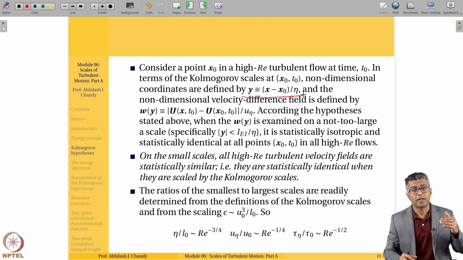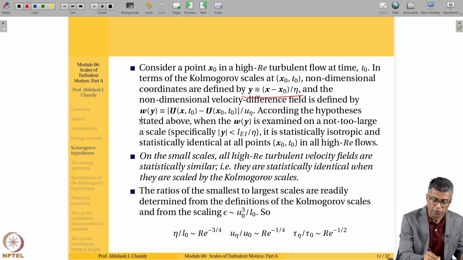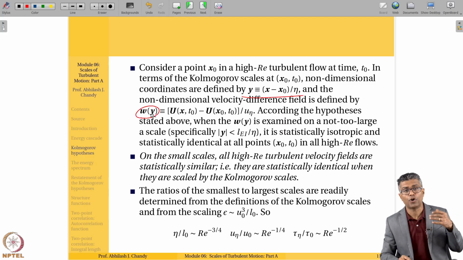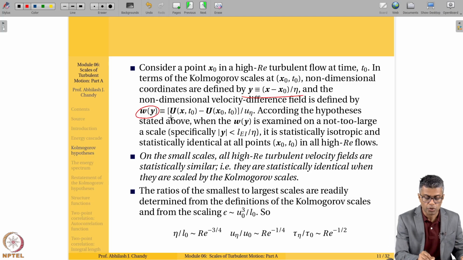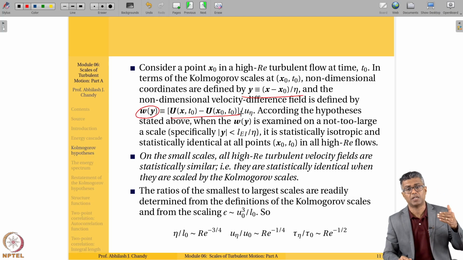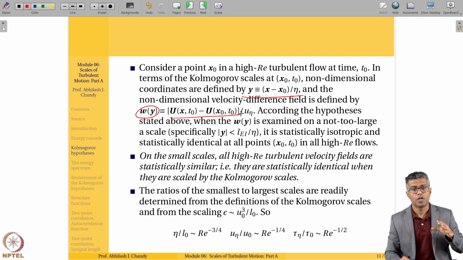So we are normalizing it with the Kolmogorov scale. The same thing goes for the velocity difference. So w(y) is a non-dimensional or normalized velocity difference, which is u minus some reference velocity divided by the Kolmogorov velocity. So you have now normalized it. You have now scaled it with the Kolmogorov scales.